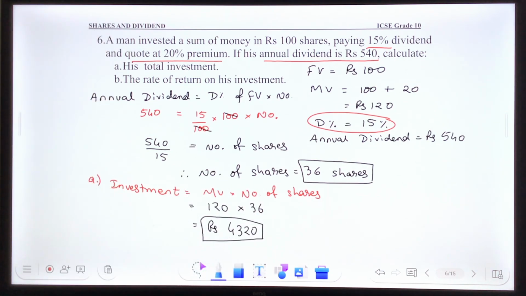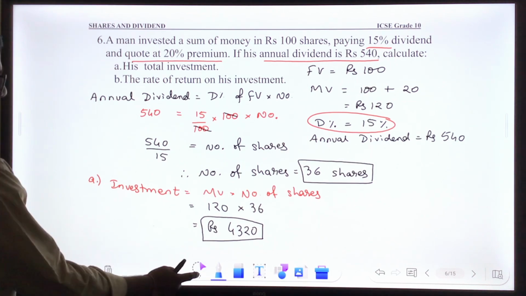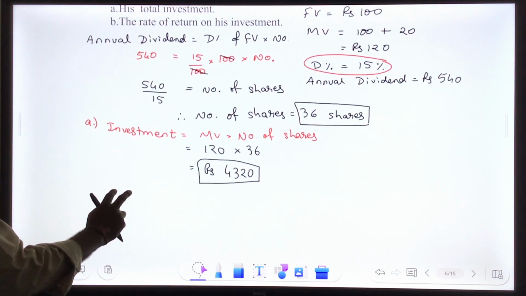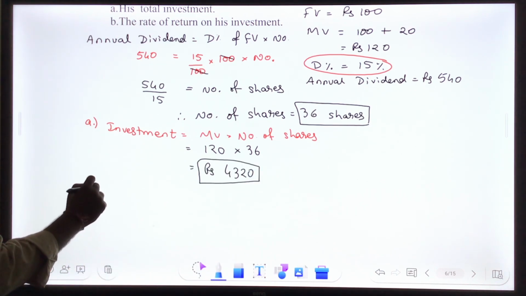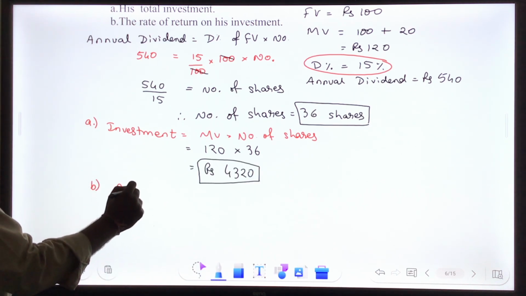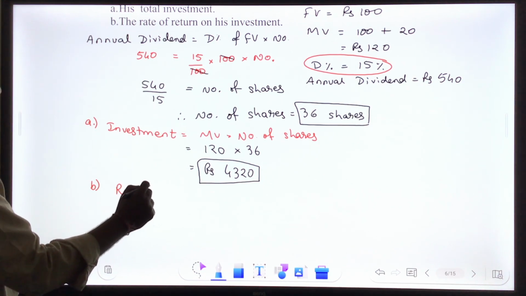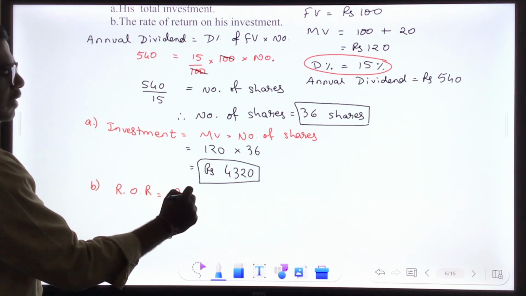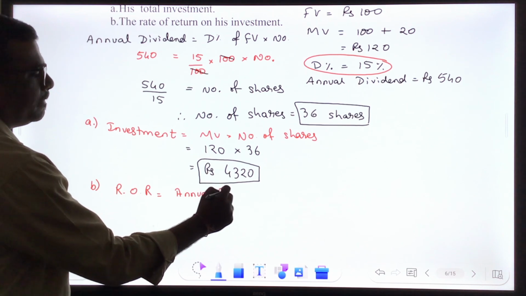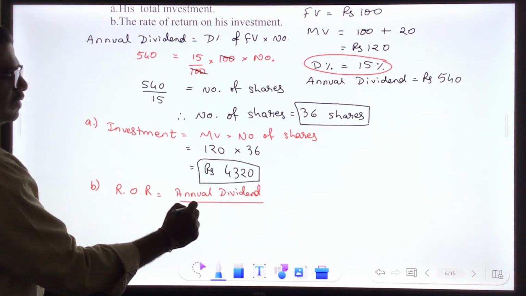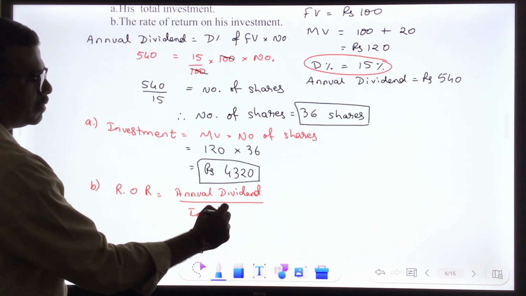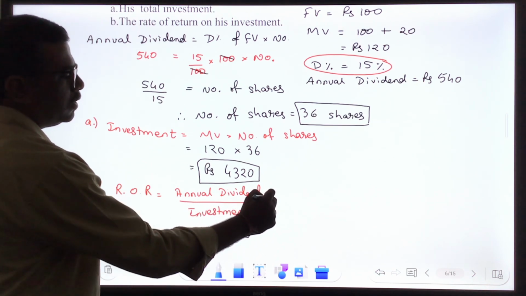Now based on this investment, we also need to find the rate of return. So his rate of return is his annual dividend upon his investment into 100.